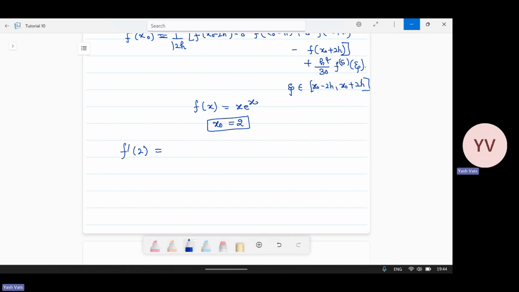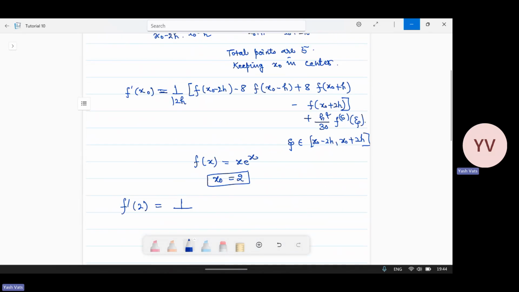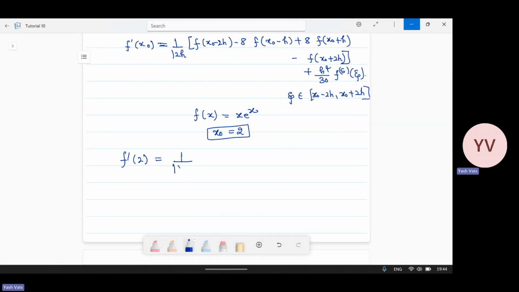The value of h is 0.1. So it is 1 by 12 into 0.1 into f of x naught minus 2h, f of 2 minus 0.2, it is f of 1.8, minus 8 f of x naught minus h, which is f of 1.9, plus 8 f of 2.1, minus f of 2.2.